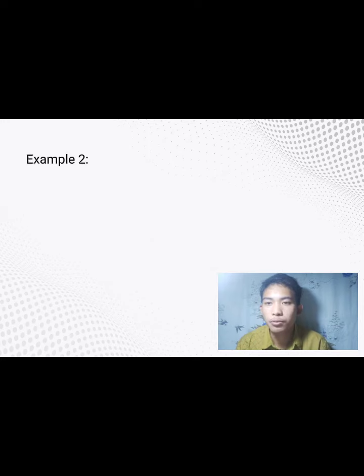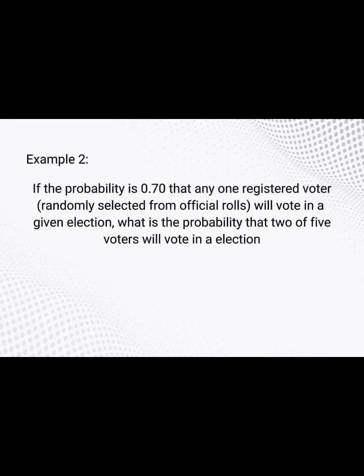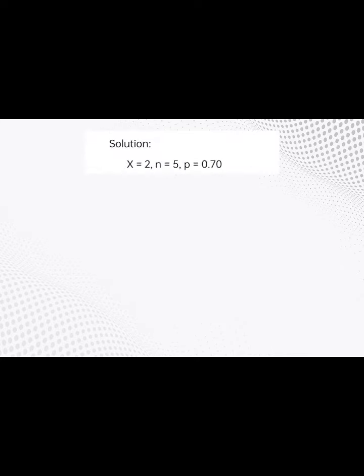Example number 2. If the probability is 0.70 that any one registered voter randomly selected from official rolls will vote in a given election, what is the probability that 2 of 5 voters will vote in an election? The solution is x equals 2, n equals 5, and p equals 0.70.